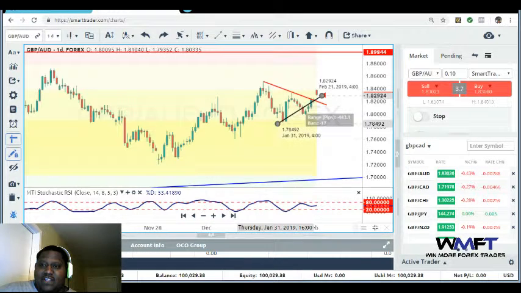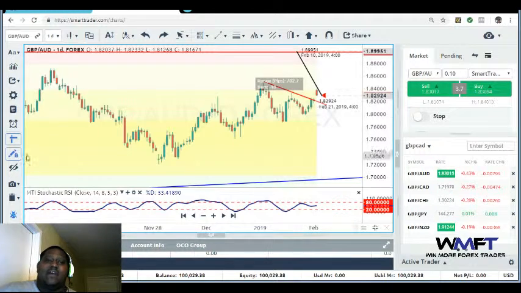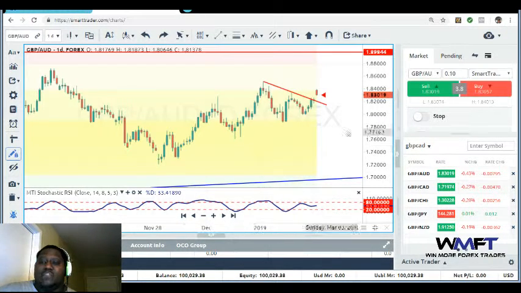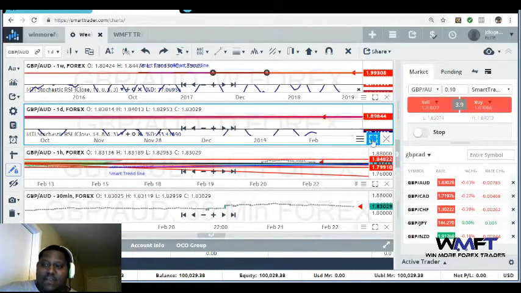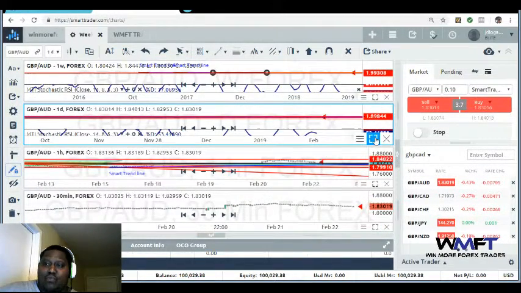You will be risking about 410 pips, and you're going to get about 700 pips. If you're risking 400 to get 400, that's 1 to 1, but risking 400 to get 700 is about 1.5 to 1, which is always good because you're going after more than what you're risking.